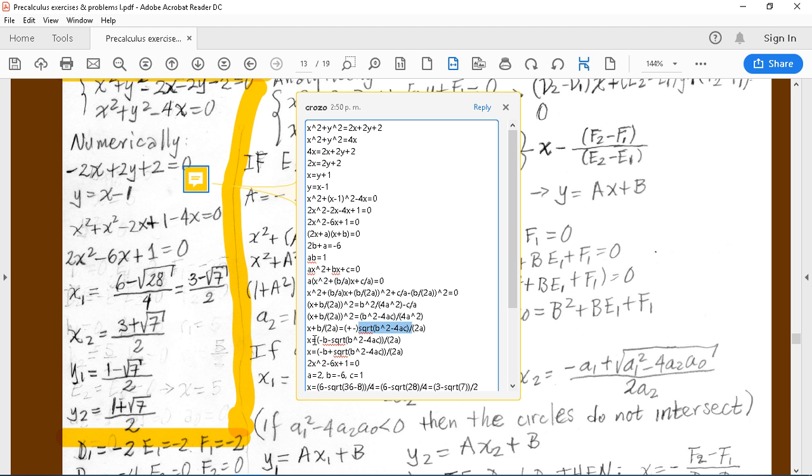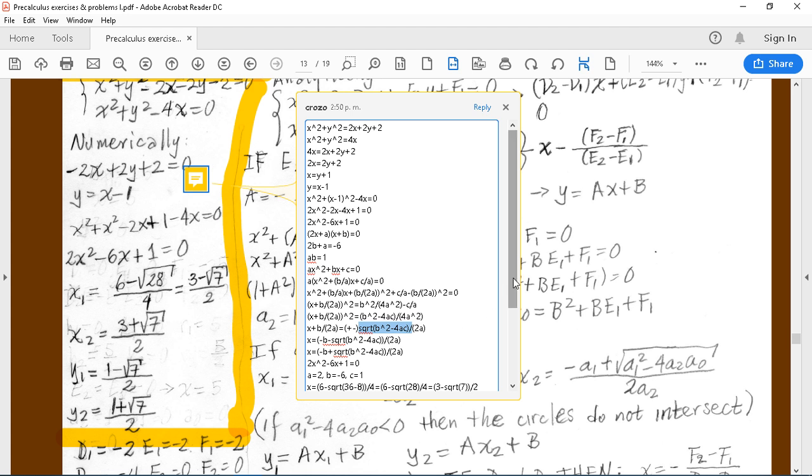So that means we have two possible solutions for x: minus b minus the square root of b squared minus 4ac, all divided by 2a, or x equals minus b plus the square root of b squared minus 4ac, all divided by 2a. Those are our two solutions.